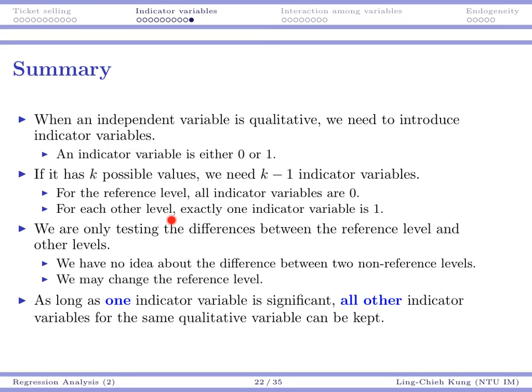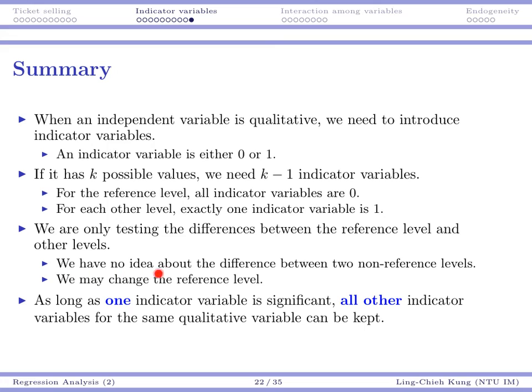For each other level, exactly one indicator variable will get value 1. What we are testing is only the difference between the reference level and one other level. For each indicator variable, we can get one comparison between the reference level and one other.